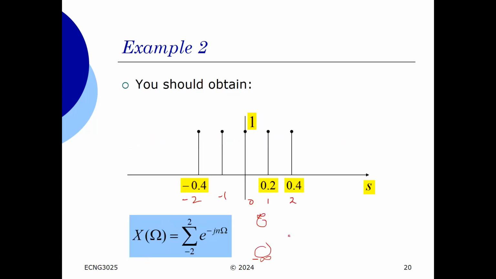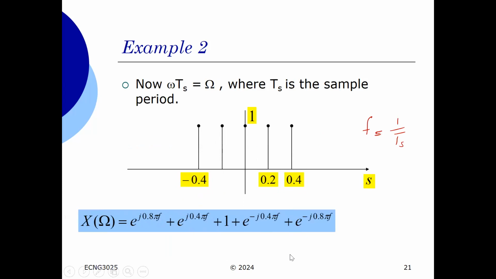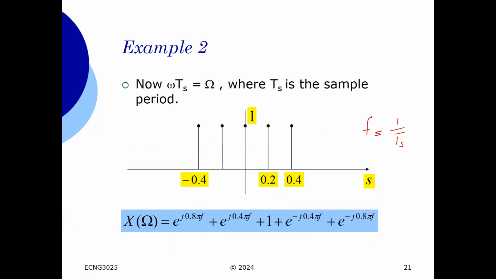And the omega part comes in here because omega is 2 pi f over fs, right? Fs is 1 over T, which is 0.2.